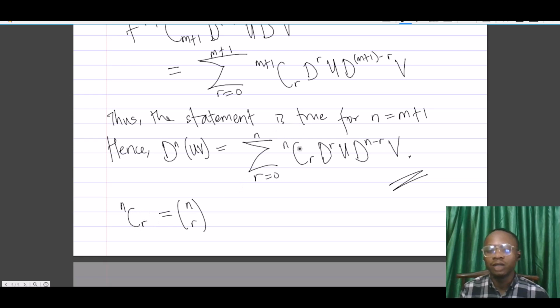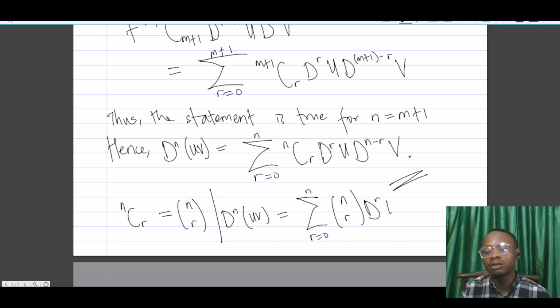That means I could as well write this rule as follows: the nth derivative of uv equals the summation from r equals 0 to n of n r, then the r-th derivative of u, then the (n minus r)-th derivative of v. So if you see this in any material, it refers to the same thing, the concepts remain the same, and all of the things we've done remain valid.